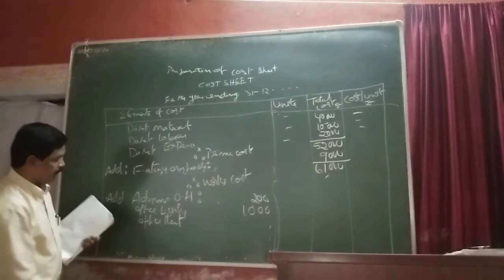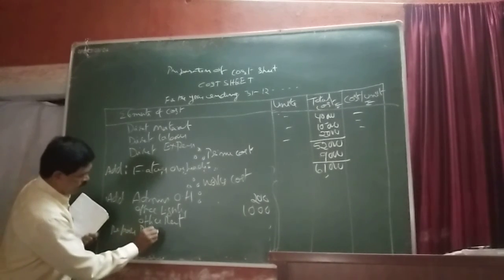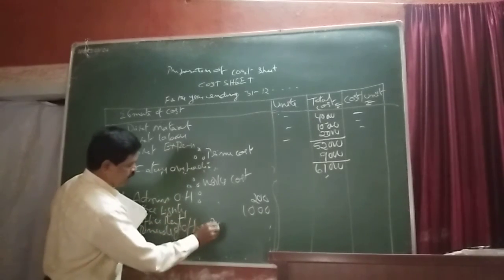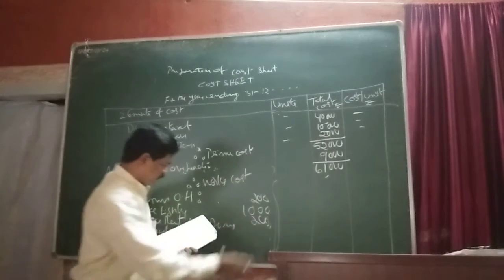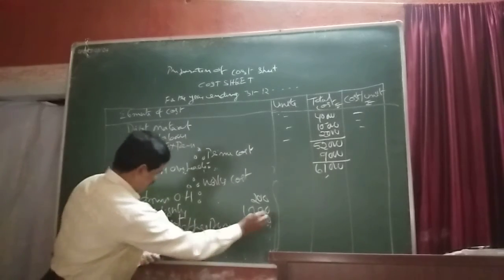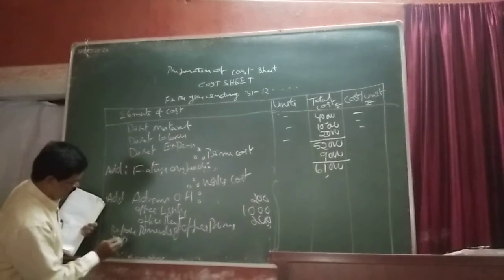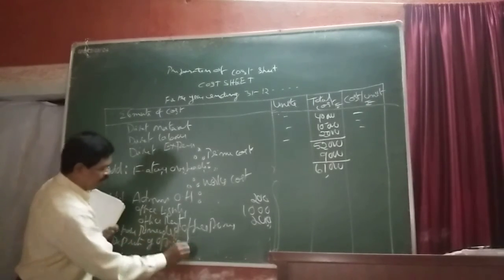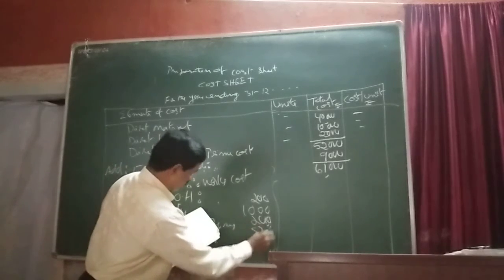Repairs and renewals of office premises 200. Then depreciation of office premises 500.